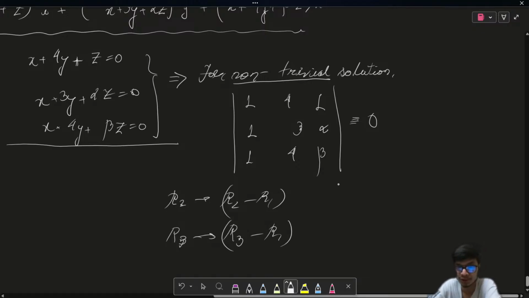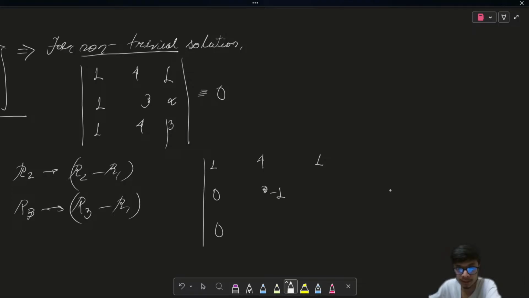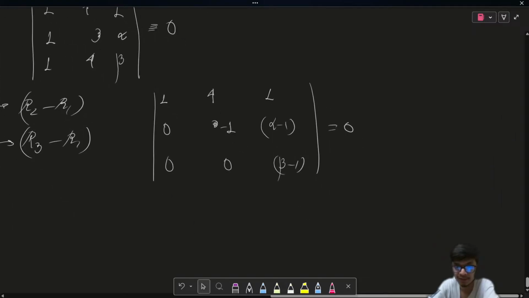If I do that transformation, it is going to be 1 4 1, 0 minus 1 alpha minus 1, 0 0 beta minus 1, and this determinant is equal to 0. So the result is very easy. From here I will have beta equal to 1.